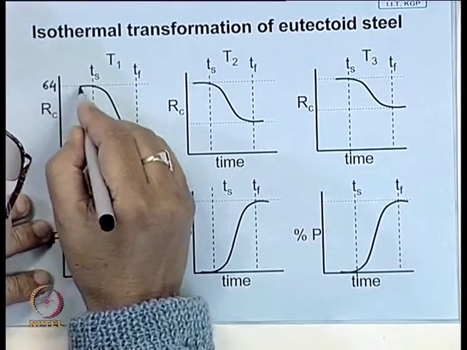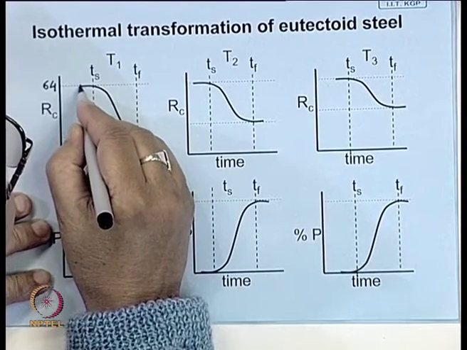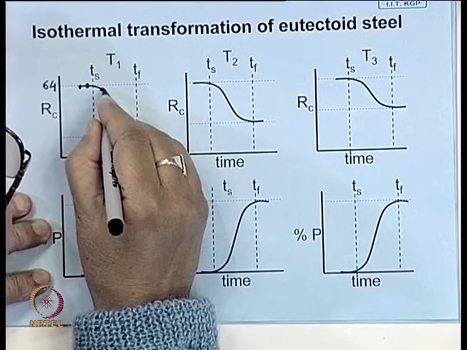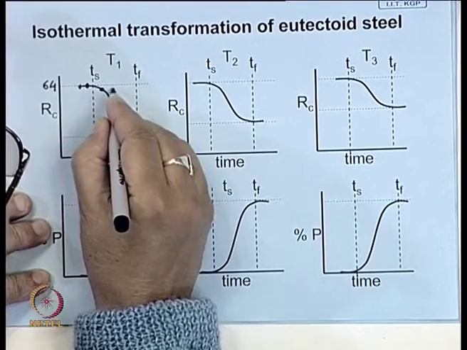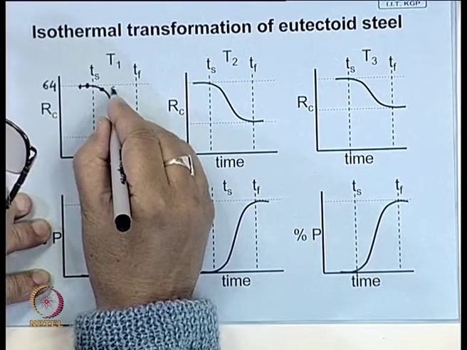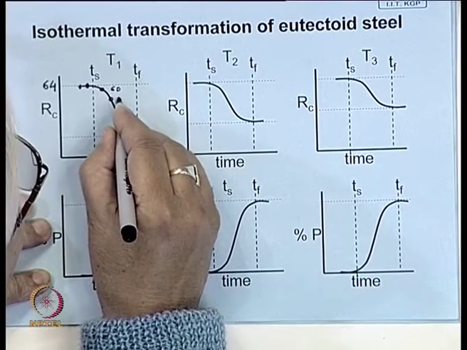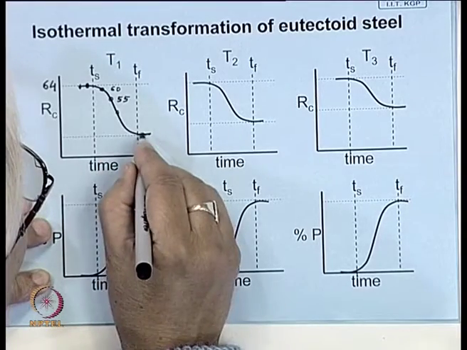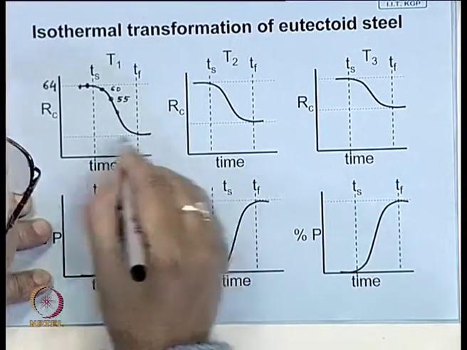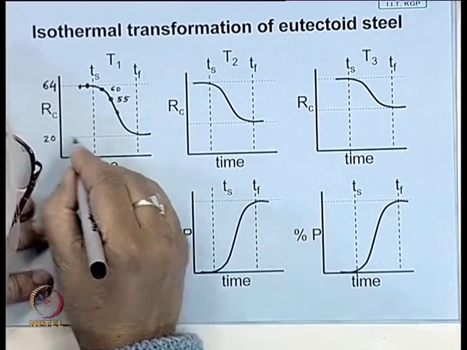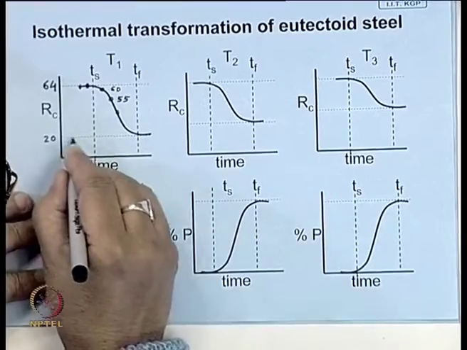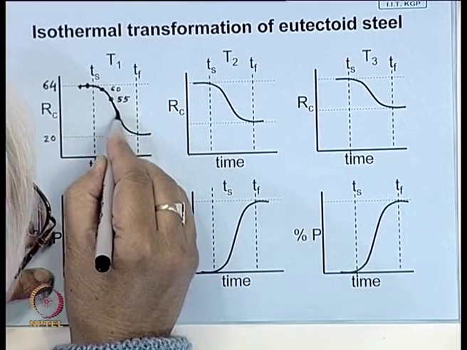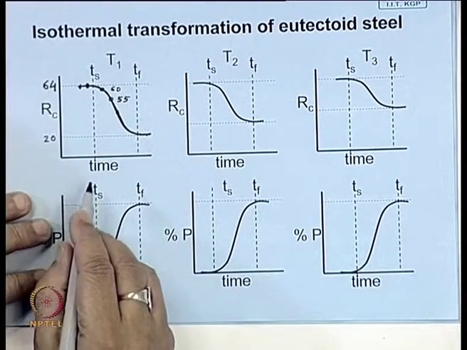The second sample also is 64. After some time you may find that this is a little less, say 60, then you get say somewhere 55. So, this is how it will go on, and maybe somewhere here it goes to maybe RC 20. And then if you join these points, you will get a plot like this, a sigmoidal kind of plot.